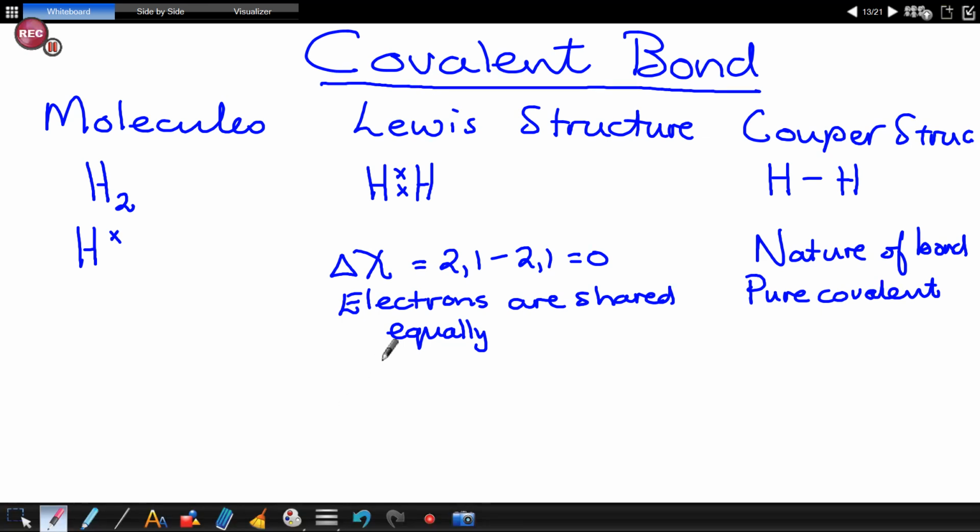So if the electron spends a millisecond with this hydrogen atom, it will also spend a millisecond with the other atom. The electrons will spend equal time between the atoms. The whole molecule is non-polar.